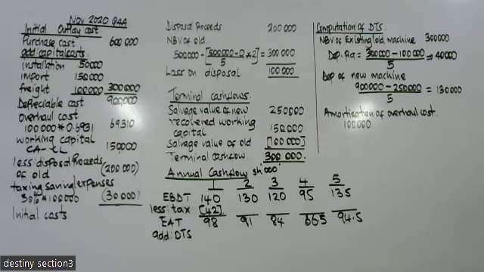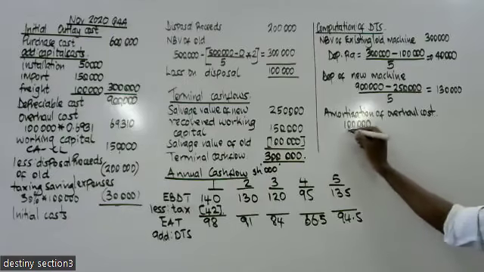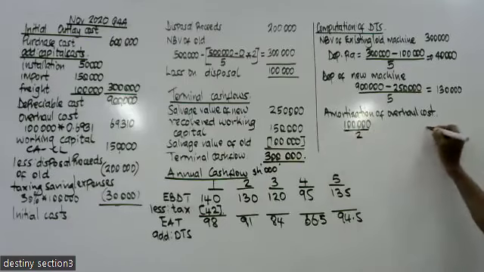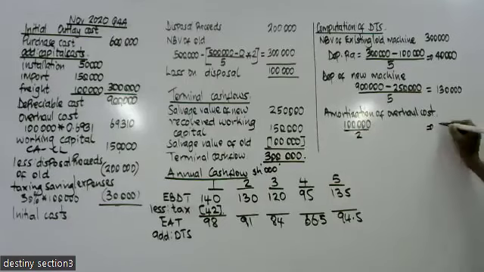It was incurred at the beginning of the third year, but the useful life of the asset is 5 years. So it will be depreciated over how many years? 2 years. So we divide this by what? 50,000. Yes.